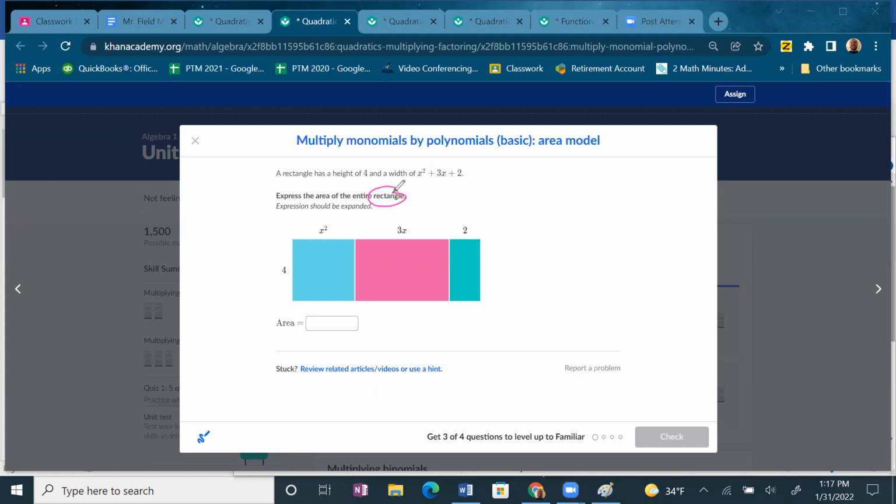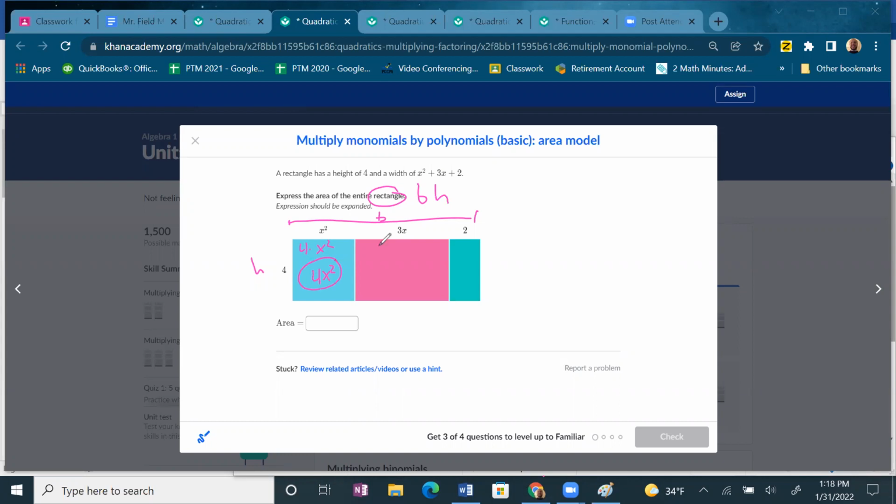We know the area of a rectangle is base times height. And this top can be our base, top and bottom. And the height is 4. So in this first box, we're going to multiply 4 times x squared. What is 4 times x squared? Guess what? It's just 4x squared. Nothing really to do there.